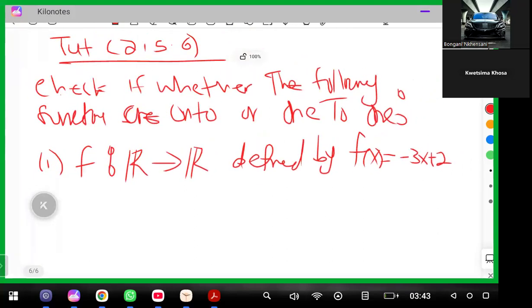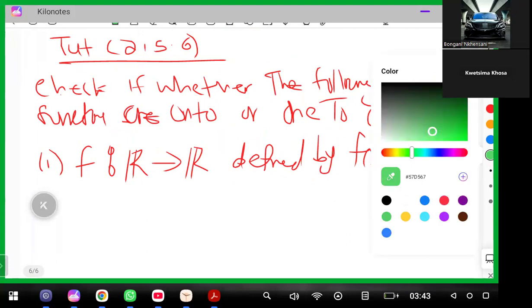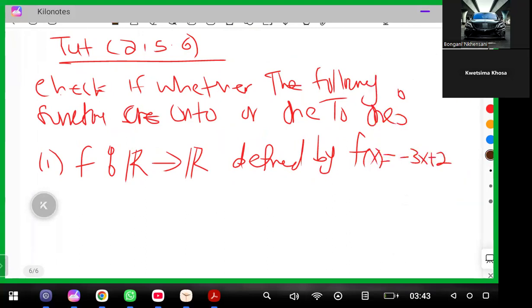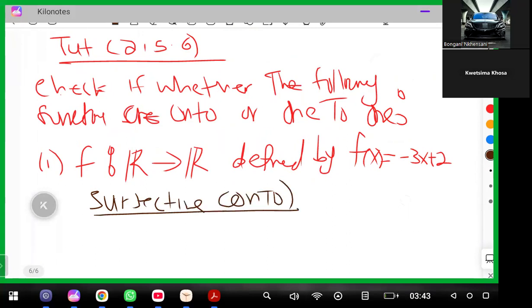So we must check this one, right? Let's first check for surjective.